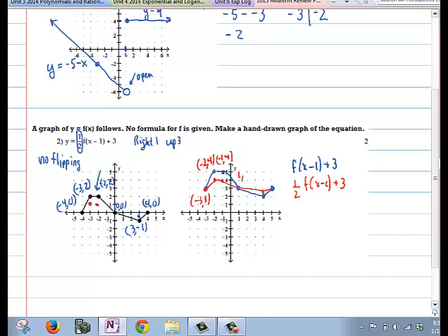It doesn't get squeezed because it's where the function originally was at 0, at x equals 0. So this will be 3, and then this is going to be a tough one. This will be 4, -1/2. I'm sorry, -2.5 or 2.5. And the last one is at 5, 3.